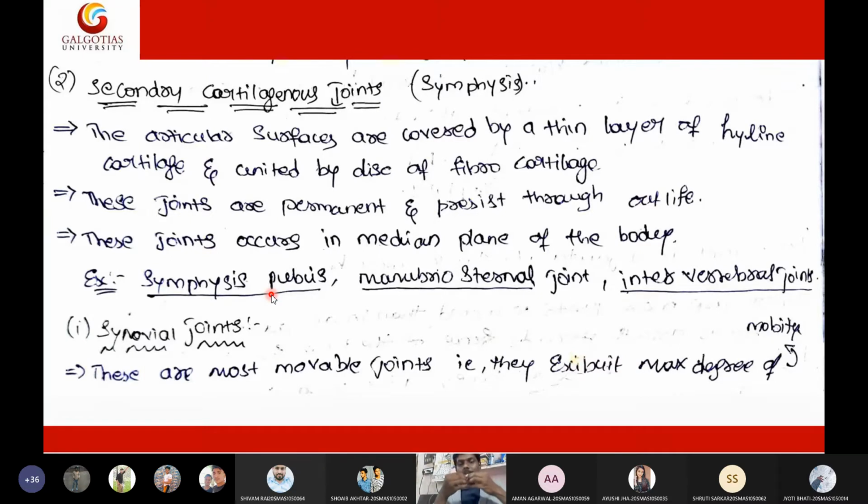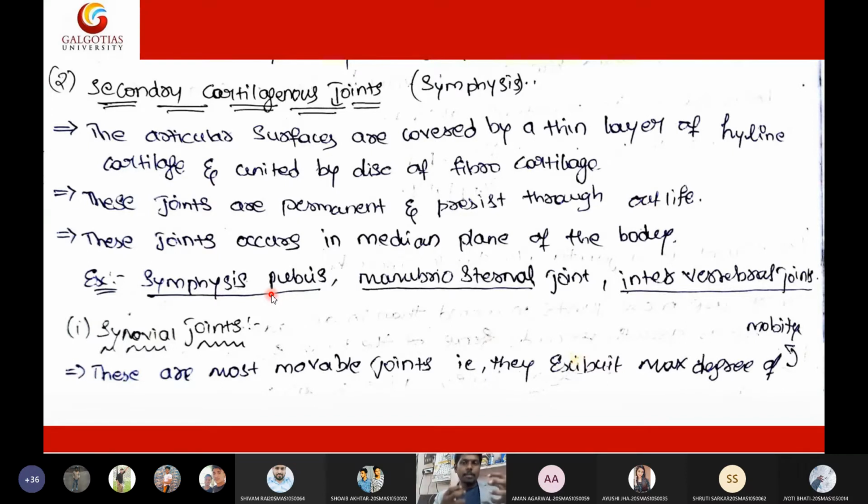This cartilaginous joint will enhance the hip to move during childbirth. It gives a slight mobility to the hip for expanding the pelvis to expel the baby out, for delivering a baby.